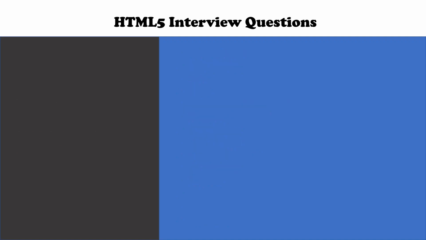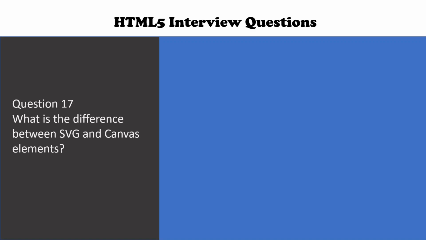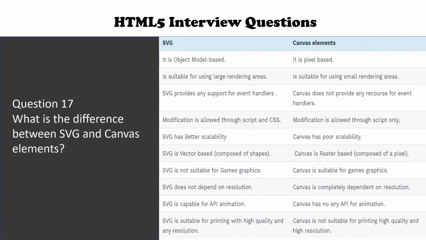What is the next question? It is, what is the difference between SVG and Canvas elements? SVG is object model based, whereas Canvas is pixel based. SVG is suitable for large rendering areas, and Canvas is suitable for small rendering areas.